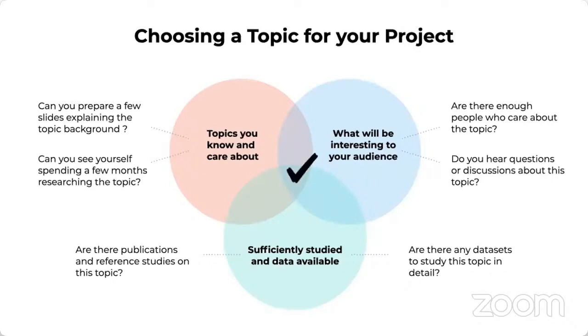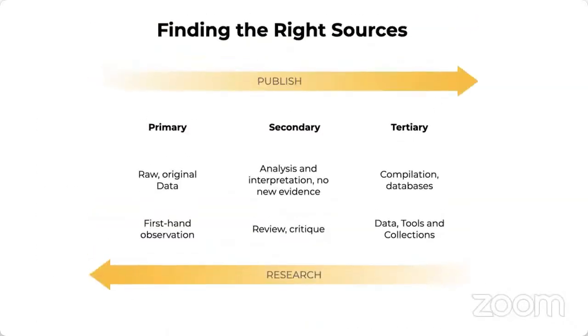So how to do this? For example, finding the right questions or the right sources is one of the issues. This is always a back and forth process where, for example, in original research, you take the raw data, perform the analysis, compile different analyses, and then you find a solution.